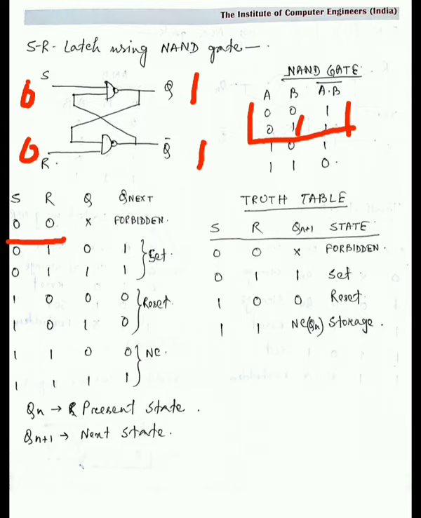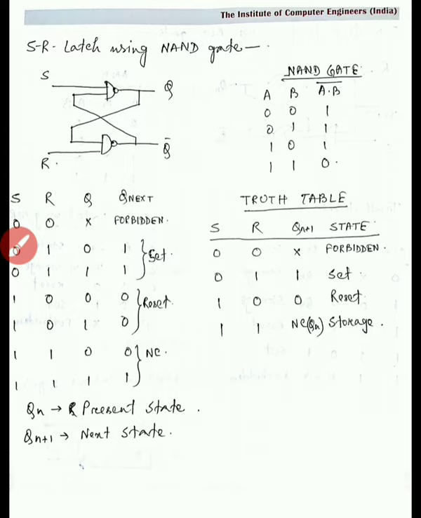But according to our convention, Q and Q bar are complements of each other: if Q is 0, Q bar is 1, and if Q bar is 1, Q is 0. But if both S and R are 0, then the outputs are both 1 and 1, which is not possible. That is why this state is known as the forbidden state.